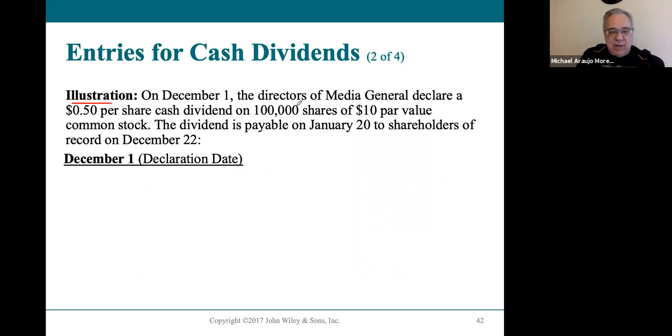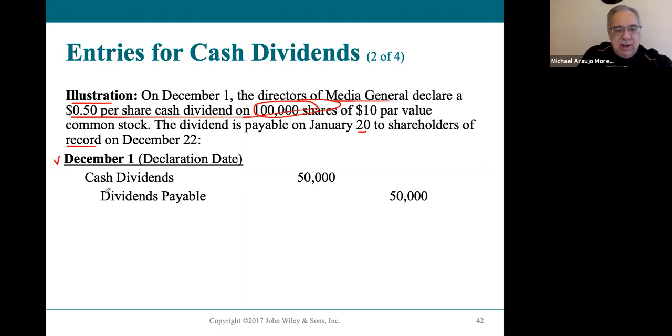Here's an illustration. There's a company, Media General. They declare a 50-cent dividend per share on 100,000 shares of stock. The dividend is not paid until the 20th of January to stockholders who are on record at the end of the day on the 22nd. So the first thing that has to get done is that dividend that's been declared is going to set up a payable on the account of the company because now they owe the stockholders money.